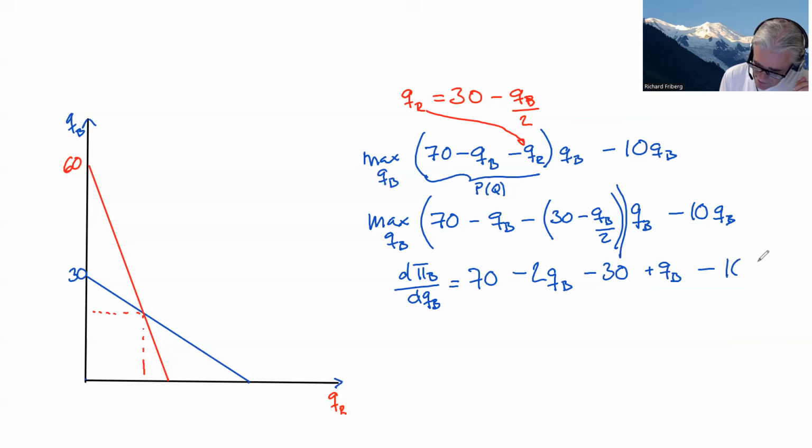And then minus 10. The first order condition, where the slope of the profit function is equal to 0, we set that. So what do we have here? We have 70 minus 30 minus 10, so that's 30, and then minus QB equals 0, so QB equals 30.